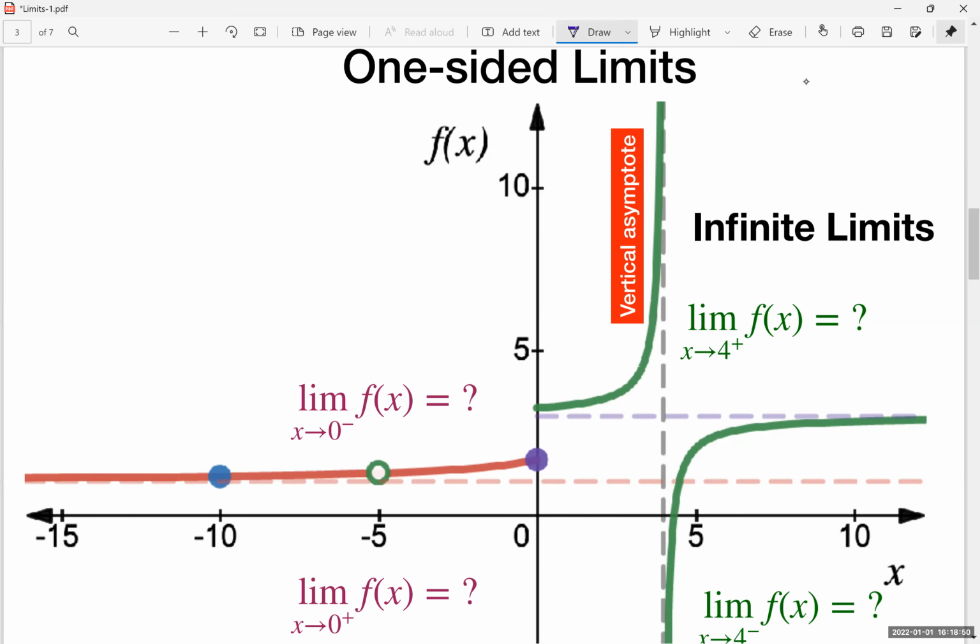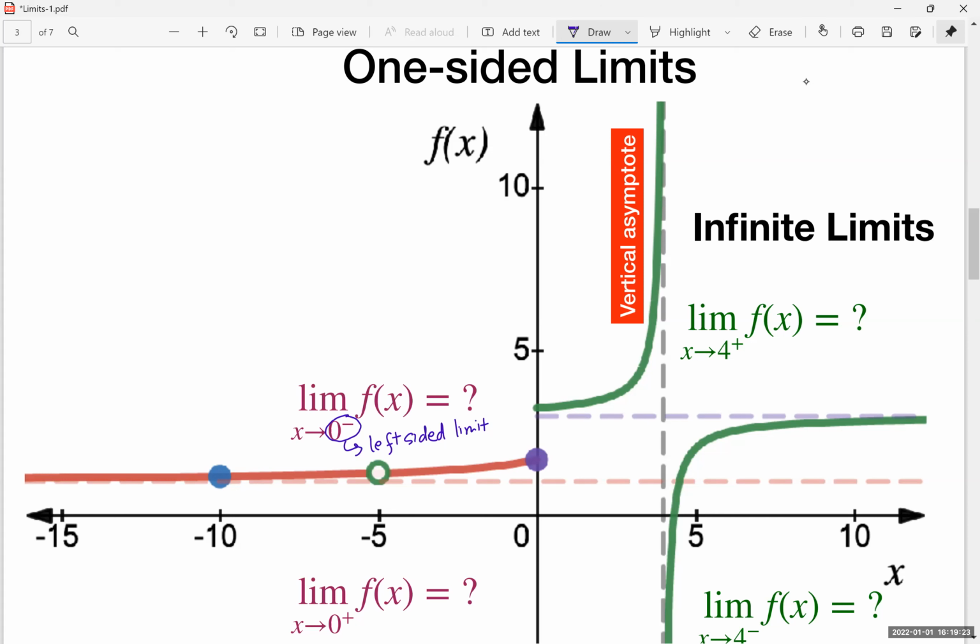the limit of f of x when x goes to 0 negative, which means you're asking to find the limit of f of x when x goes to 0 from the left. So 0 to the negative means the limit from x going to 0 from the left side.